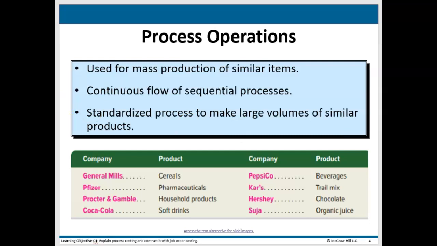So process costing, when you're talking about mass production of similar items, and you have a continuous flow of sequential processes, and then standardization is very, very important.